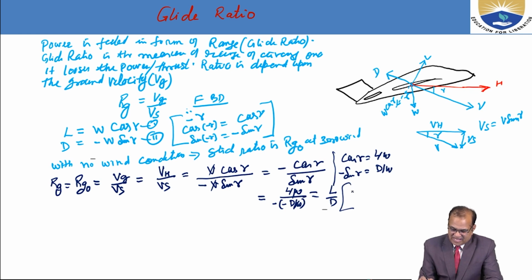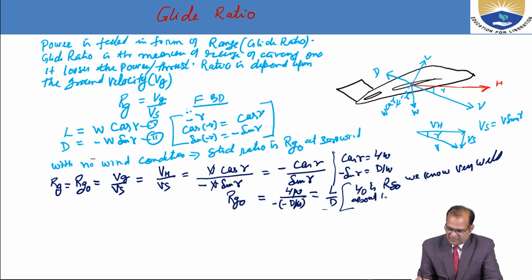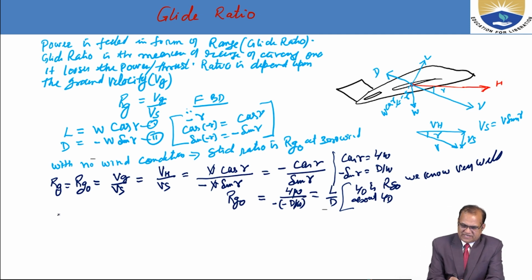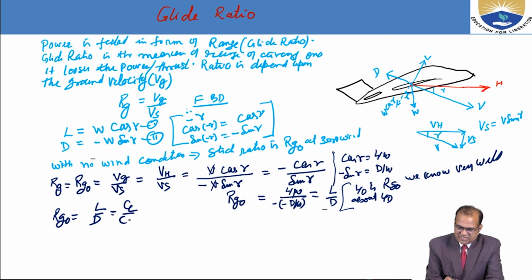Surprisingly, Rg naught is also L by D. So L by D is Rg naught, and we know very well about L by D. So we can write that Rg naught is equal to L by D, that is CL by CD.